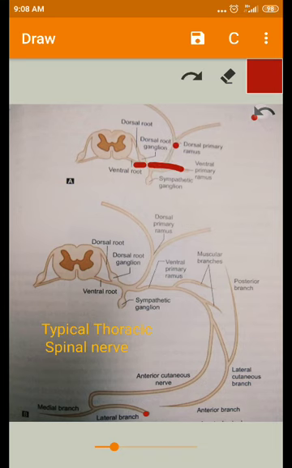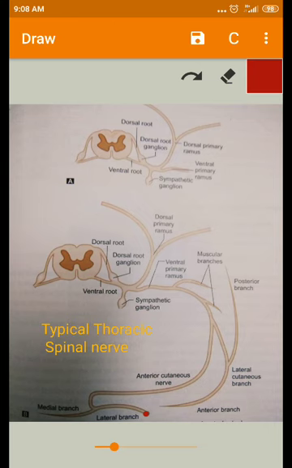In the cervical region, all these ventral rami form the plexus, and in the lumbar as well as the sacral region also form plexus. But in the thoracic region, it doesn't form any plexus, and each nerve has a course of its own.